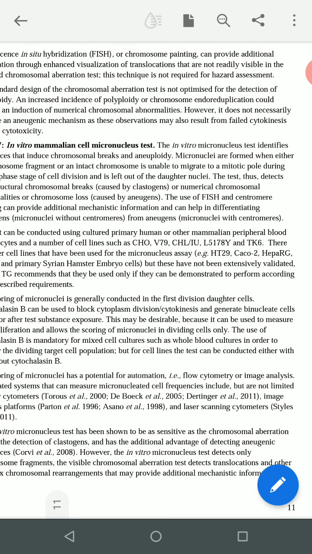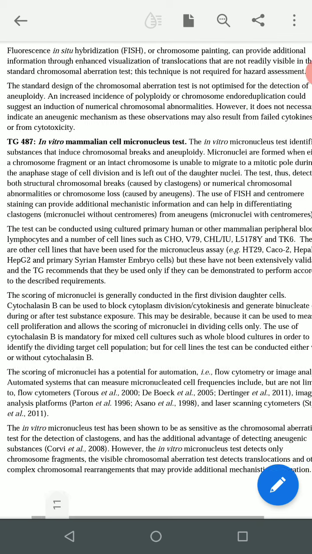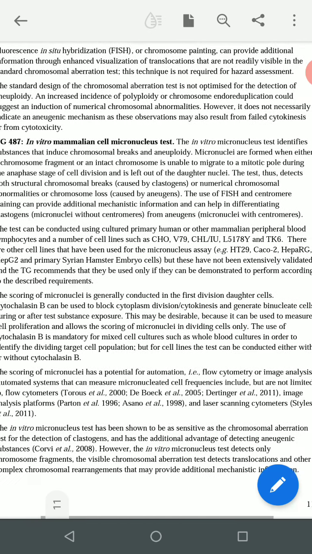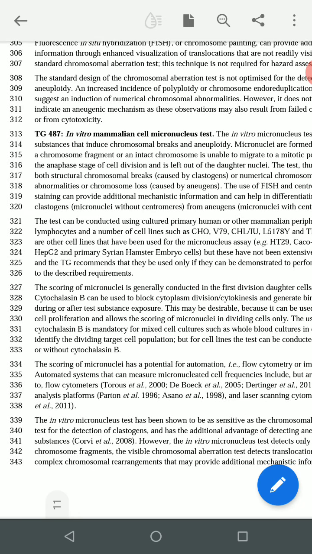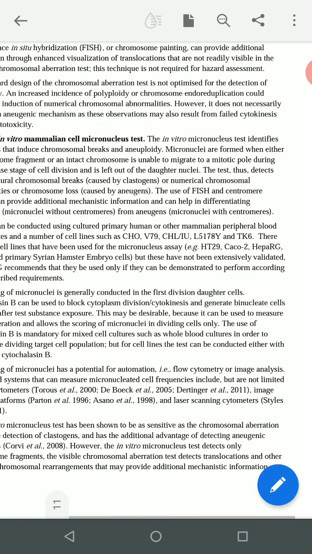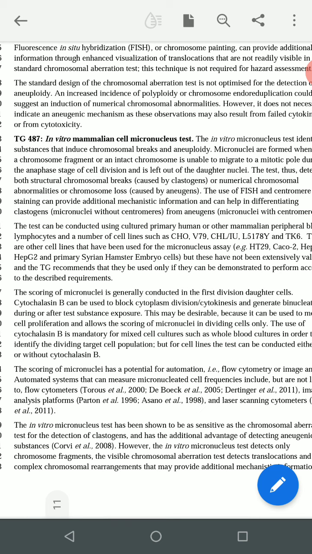Micronuclei are formed when either a chromosome fragment or an intact chromosome is unable to migrate to a mitotic fold during the anaphase of the cell division.